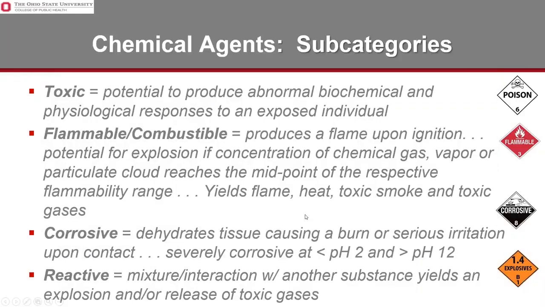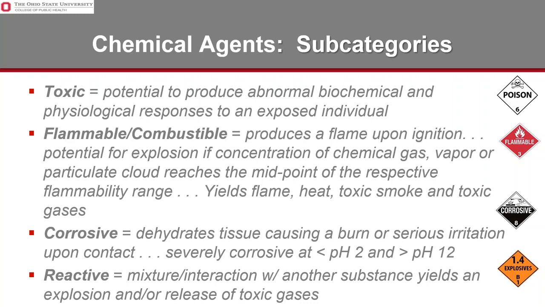But when we look a little deeper at subcategories of chemical agents, you see that it goes beyond toxic chemicals. It also includes flammable and combustible chemicals, corrosive substances, which actually could fall under toxic substances, and those substances that are reactive or even explosive.